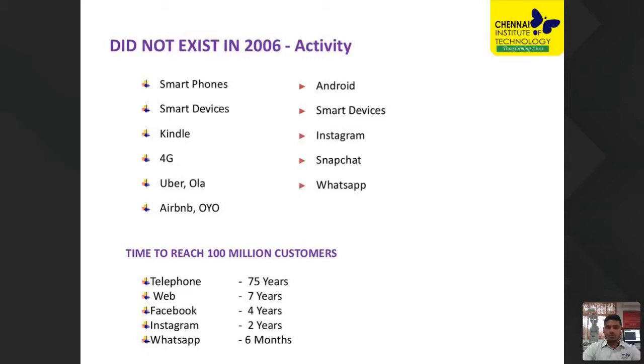Instagram took 2 years. WhatsApp reached 100 million customers in just 6 months. That is how these things keep increasing and gradually moving on, so there is a lot of focus on the quantum improvements going on in the market.